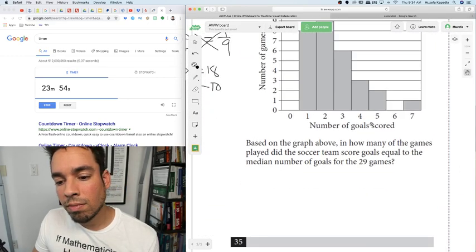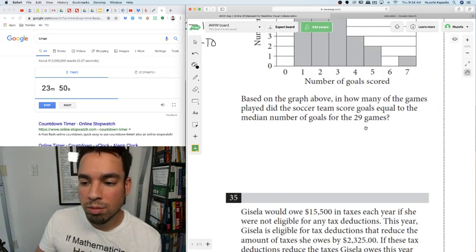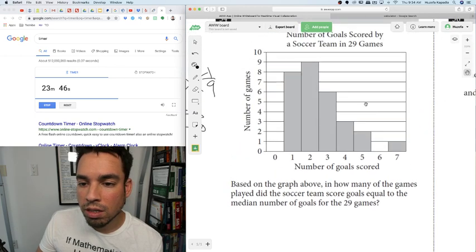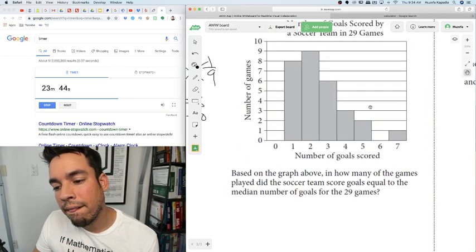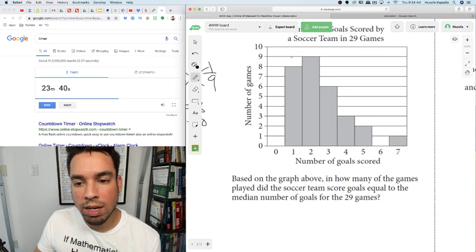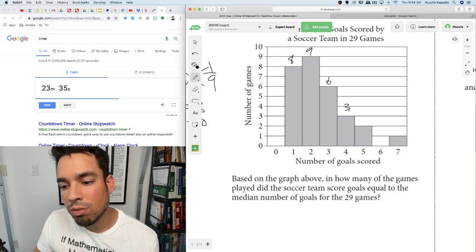Number 34. Based on the graph above, in how many of the games played did the soccer team score goals equal to the median number of goals for the 29 games? So, okay, so we got 8, 9, 6, 3, 2, and 1.